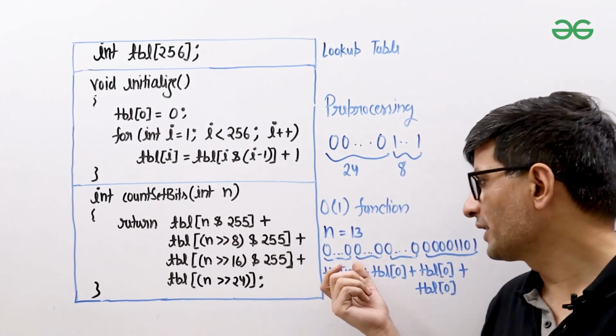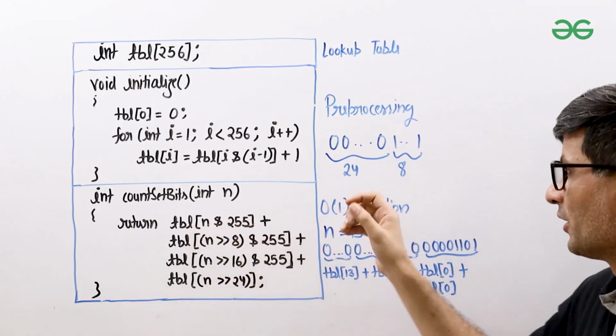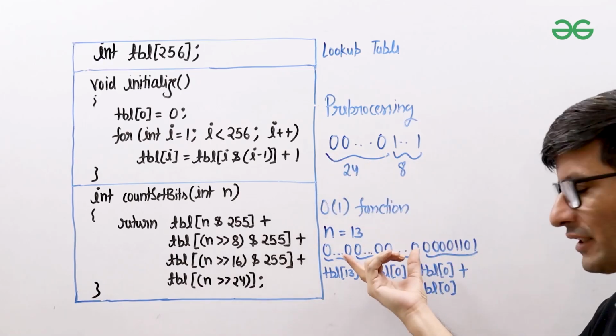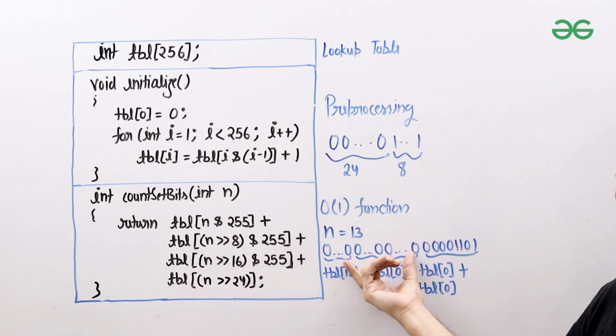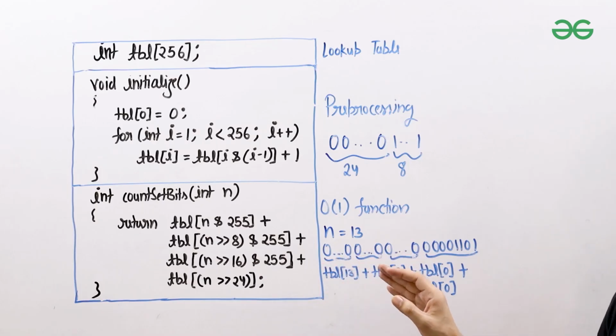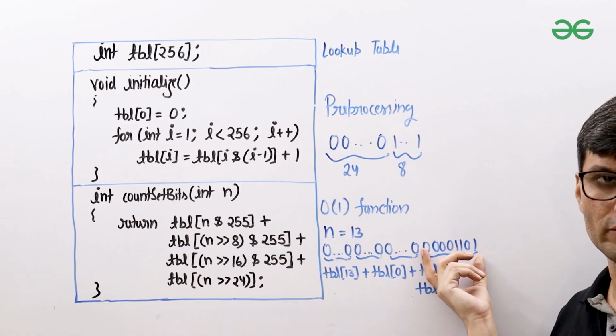So when you do bitwise AND of 255 with n, the first 24 bits all become 0. In this example, they are anyway 0 in the case of 13, but suppose the number was big, whatever set bits there were would become 0. We get only the last 8 bits of the given number.